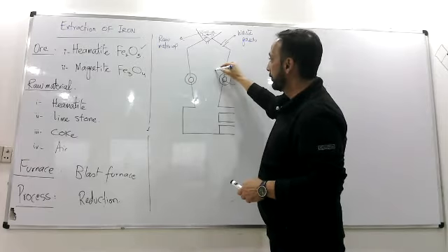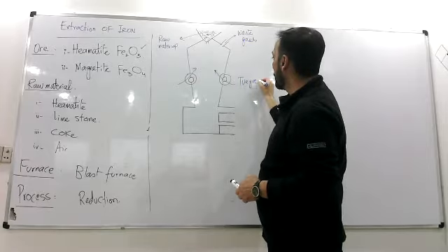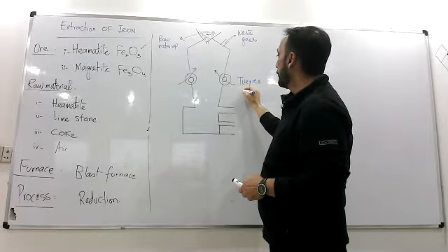And these are the blowers and wires which blow in hot air. And then we have the molten iron.